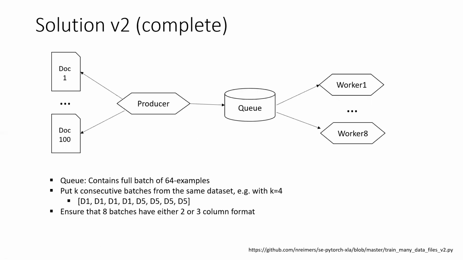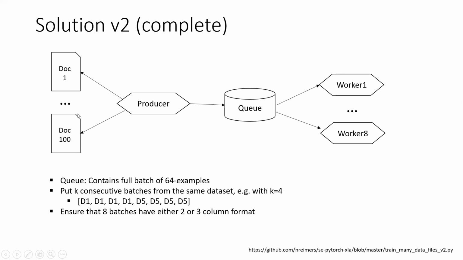So that's one solution. The second solution, which I recommend, fulfills all the properties we have. There we have just one queue and one producer, and the producer has file handles open for all the 100 different documents we have for the different data sets.